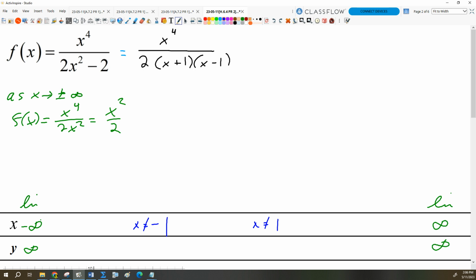What's the criterion for that? To be a vertical asymptote... Multiplicity could be higher than 1, but to be a vertical asymptote, they have to be zeros of the denominator. But what else? What's our rule? Okay, they're not zeros of the top, right? They have to be unique zeros of the bottom.